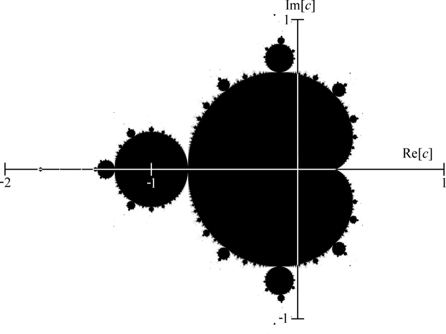Equality. Two complex numbers are equal if and only if both their real and imaginary parts are equal.